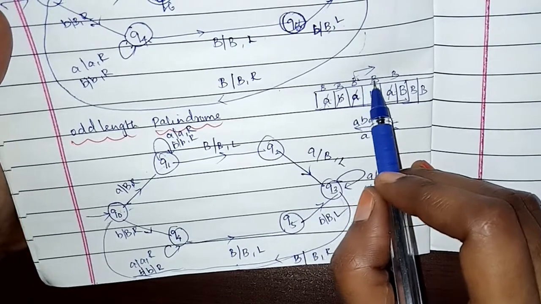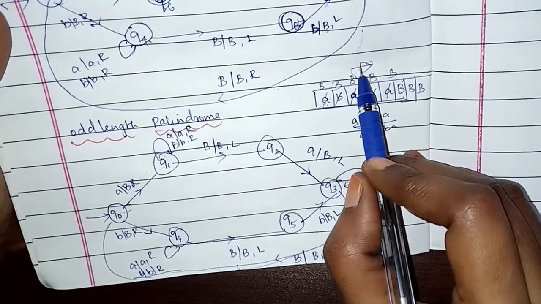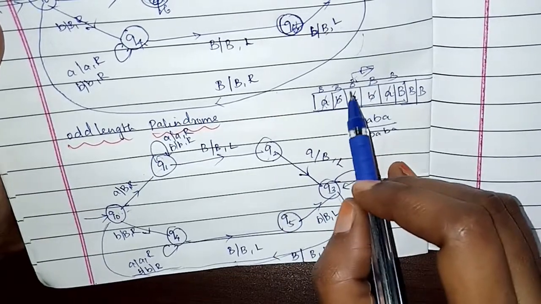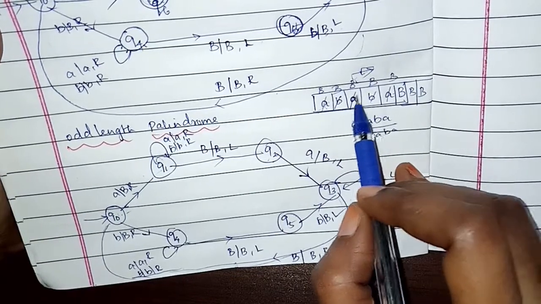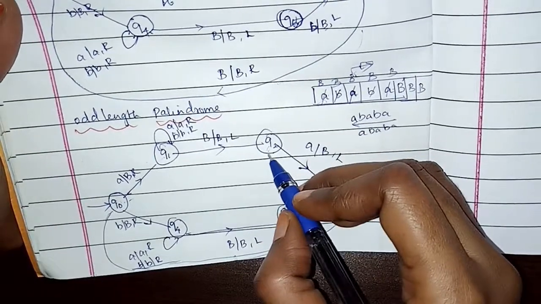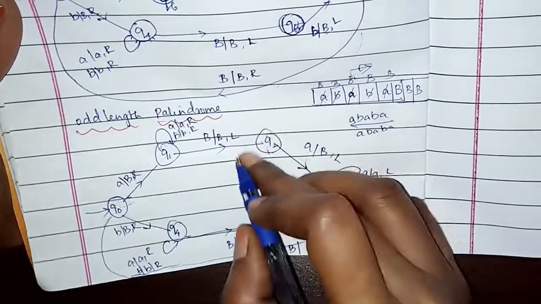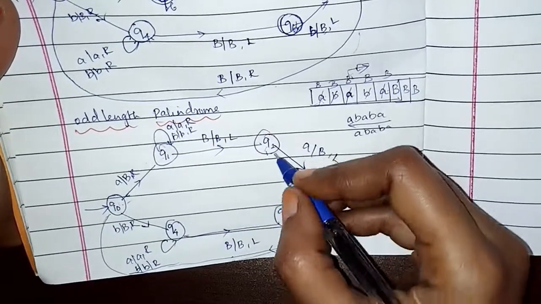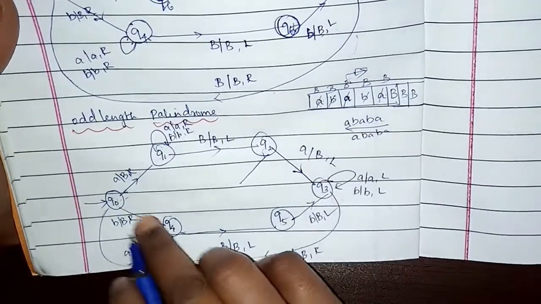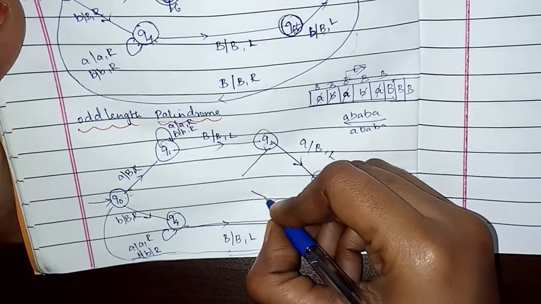So when it sees the blank symbol, it comes to the left side only, right? And it sees whether the equivalent of A has arrived, but there is no other case. So it stops over here only, right? So either it is A or B. So you have to follow the same procedure.